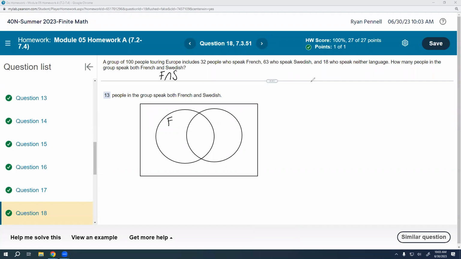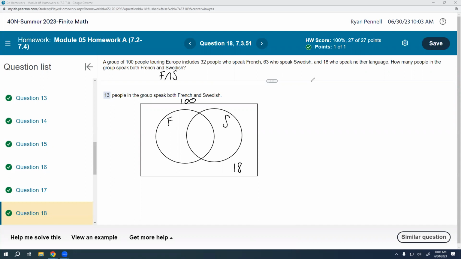So I have French, Swedish, and what do they tell me? They tell me there's 100 people total, so I'll write that down. 32 French, 63 Swedish, 18 neither. So 18 is on the outside.